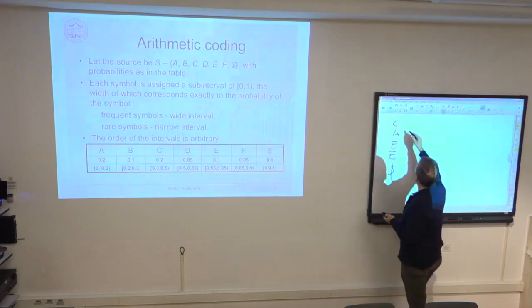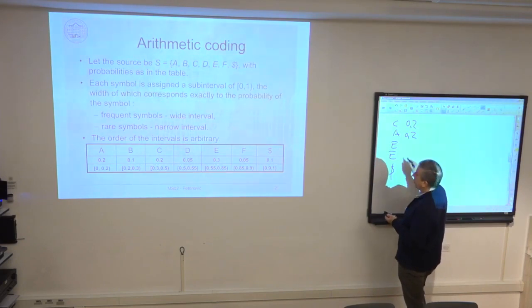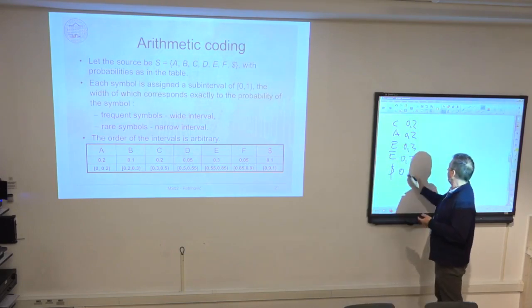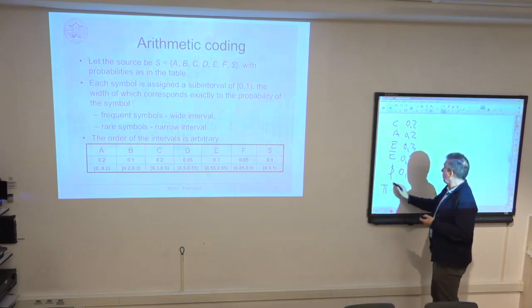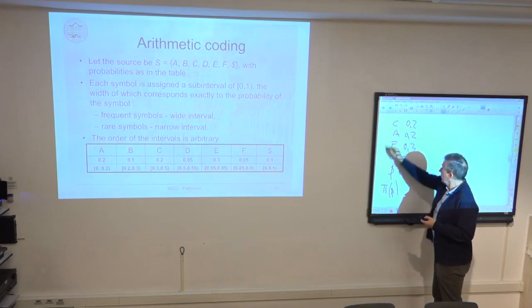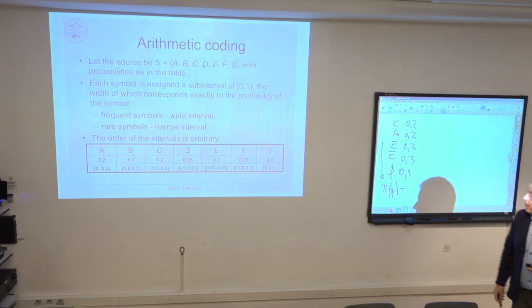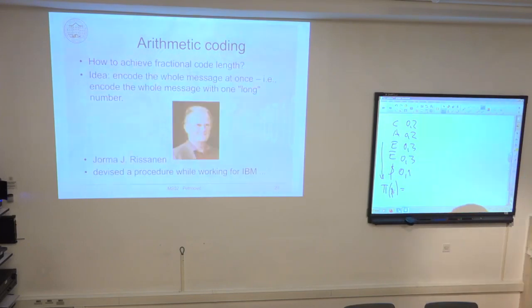C is 0.2, A is 0.2, E is 0.3, again E is 0.3, and the final $ is 0.1. And I simply take the product of these probabilities of the observed message, and this product will give me the value of how much?